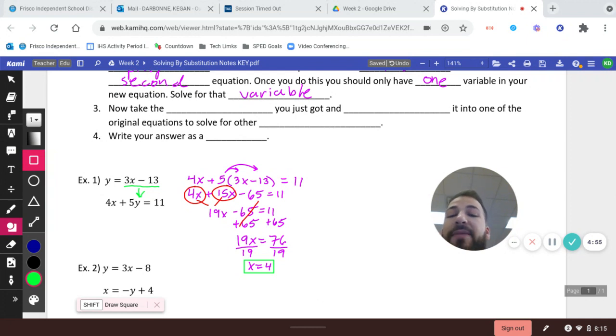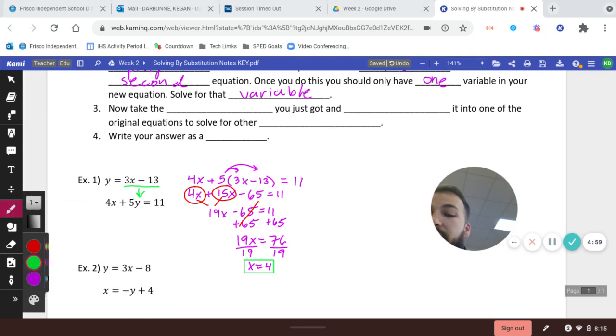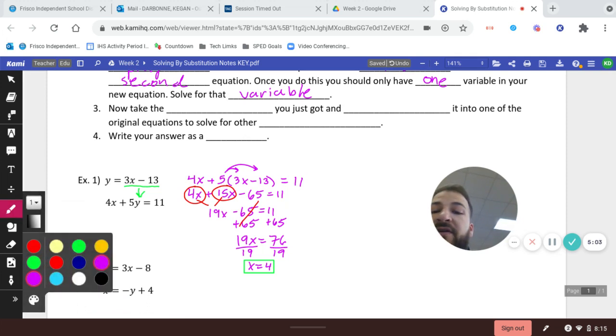Okay, for the second part of our answers, now we're going to take the value or the answer you just got and plug it into one of the original equations to solve for the other variable.